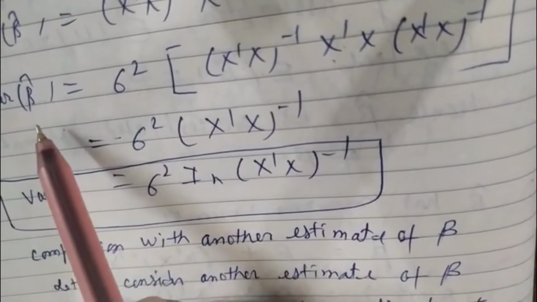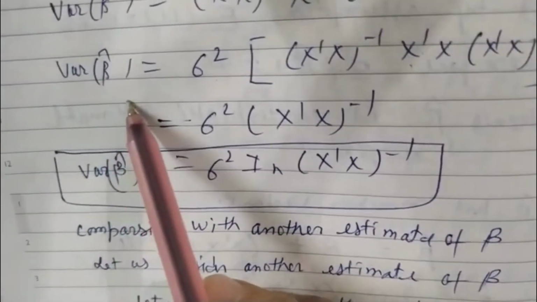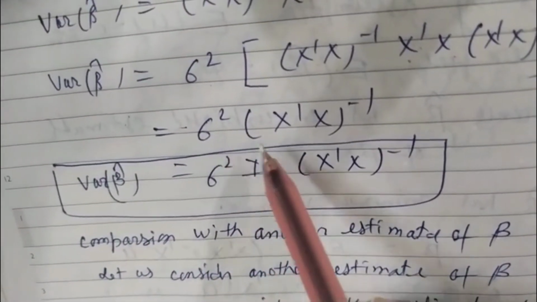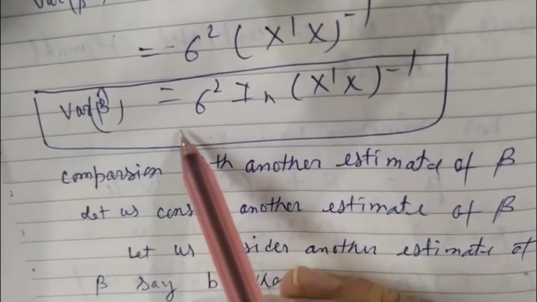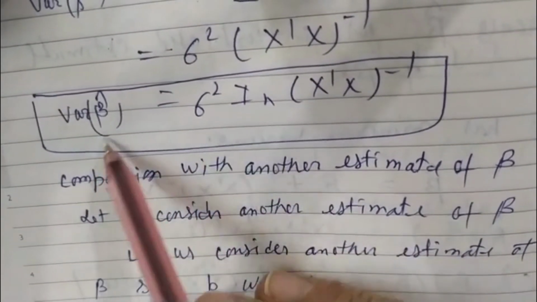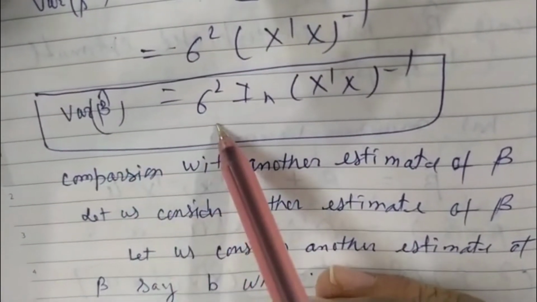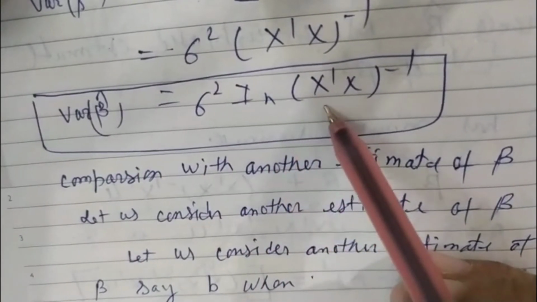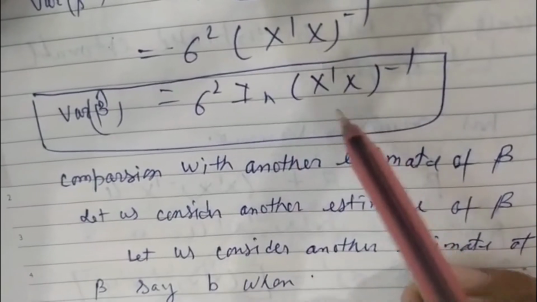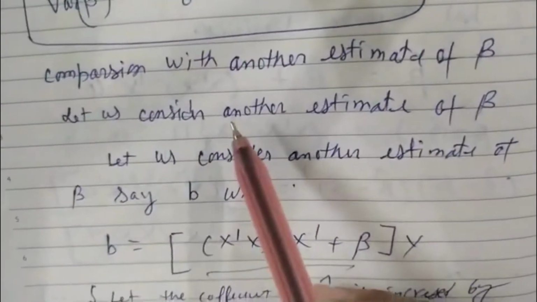Beta is always a k by 1 matrix. The variance of estimated beta is the error variance times (X'X) inverse.